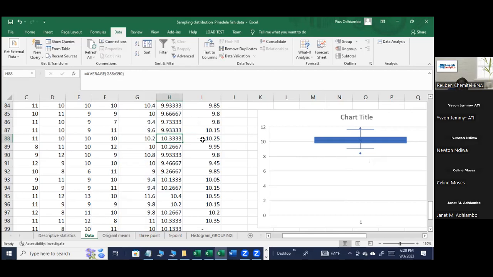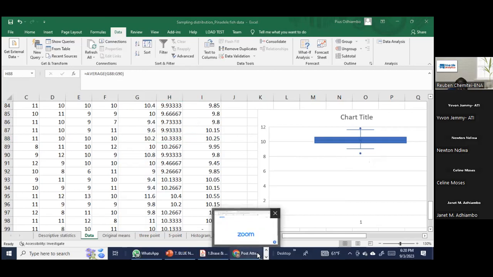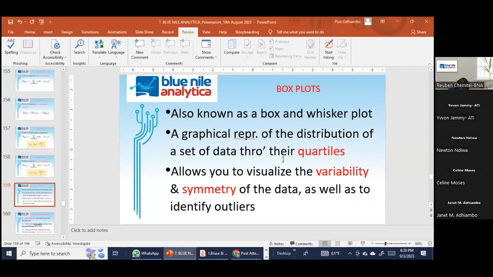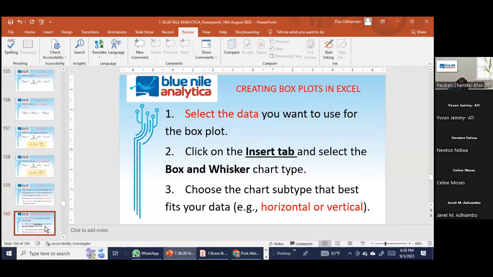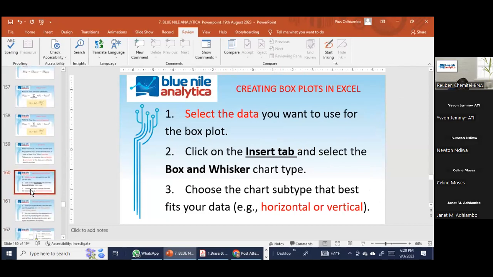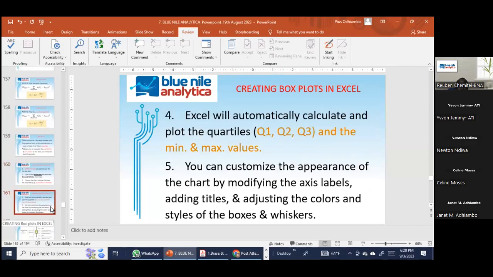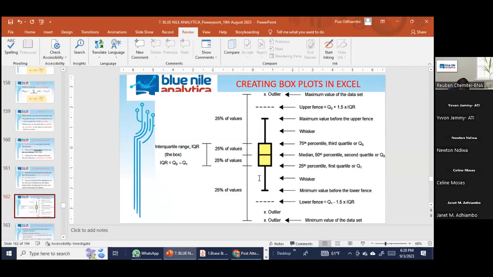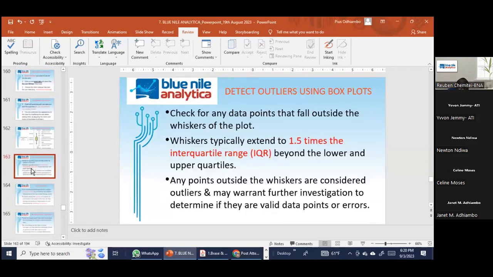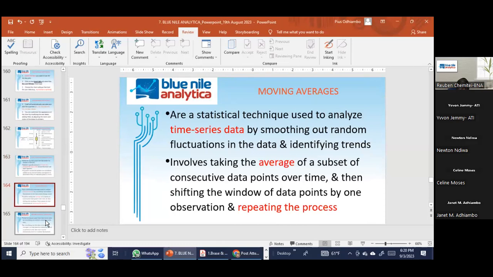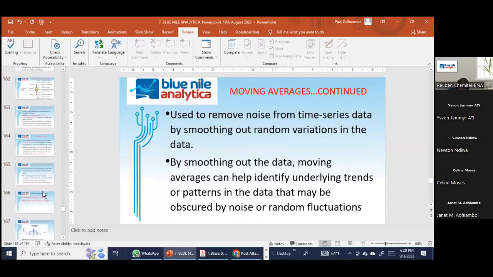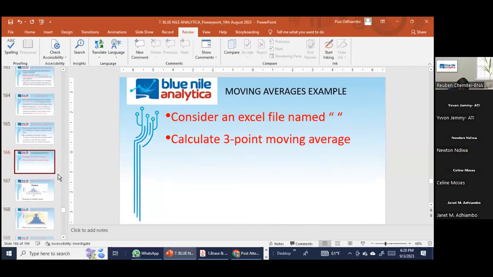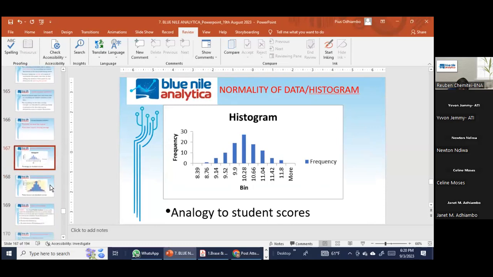Then we will come back and look at how we can create box plots and detect outliers, before we move to how we can compute moving averages.